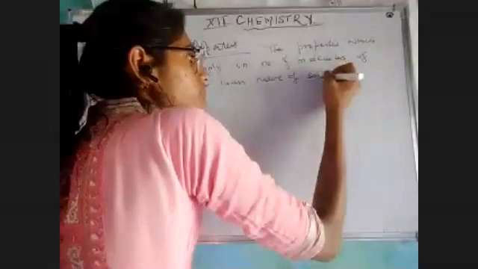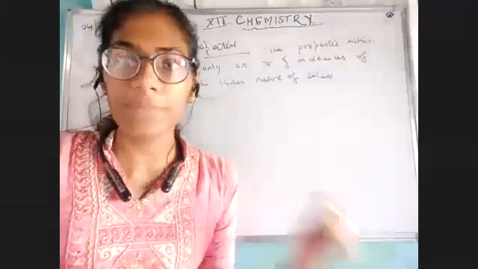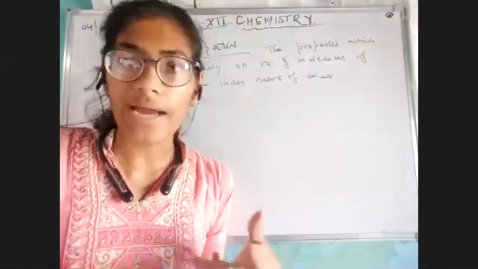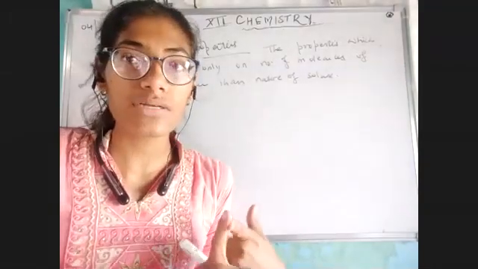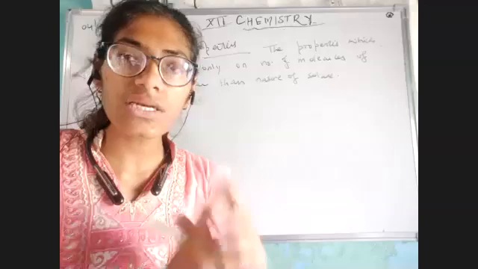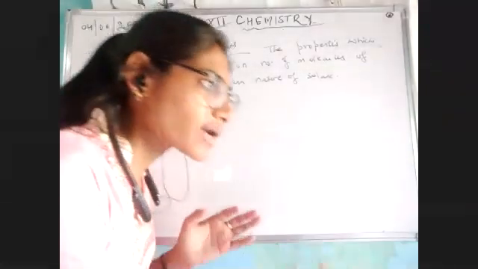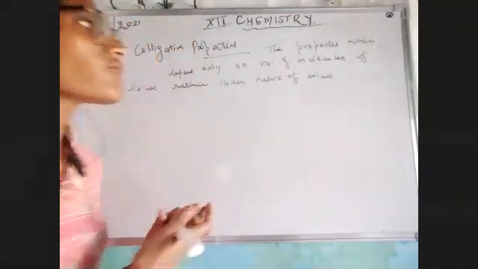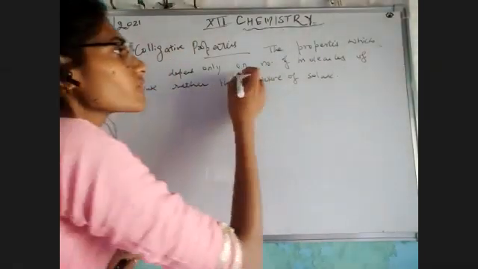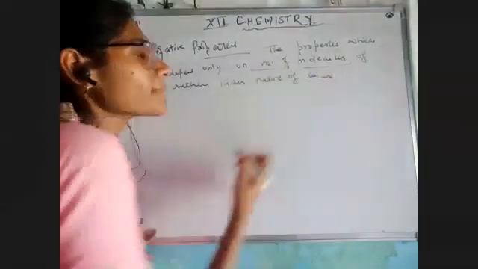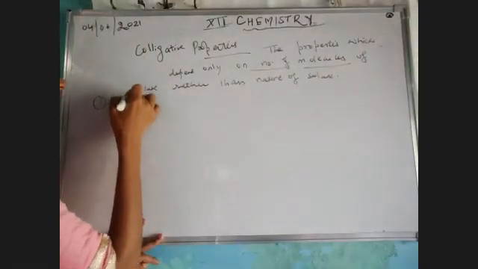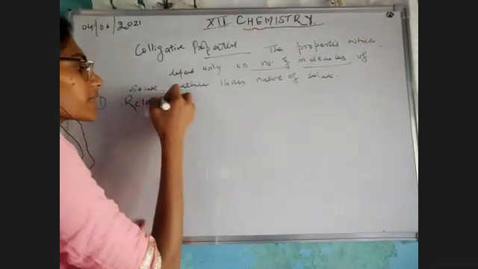This topic is totally different, or we can say totally opposite, from the previous topic. In the previous topic, whether we were talking about ideal or non-ideal solutions, we understood that the nature is very important. On the basis of nature, we checked the bonding, and on the basis of bonding, we understood which is negative and which is positive deviation. But these properties depend only and only on the number of molecules. So let's start the first property, that is the relative lowering of vapor pressure.